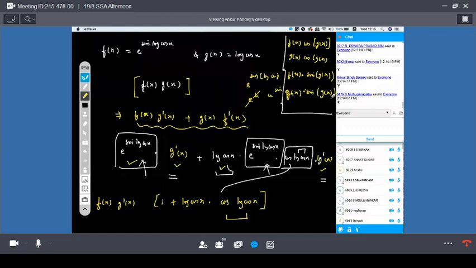These are the four options. Now which one looks like what you have solved? Which one looks like what we have solved? Option one, only because of cosine of g of x.